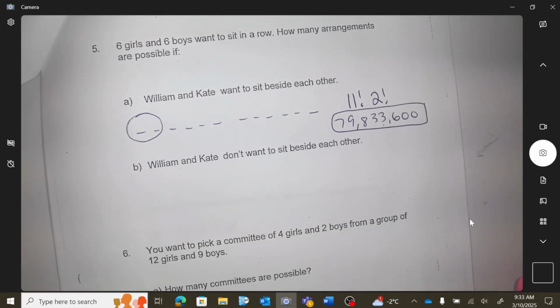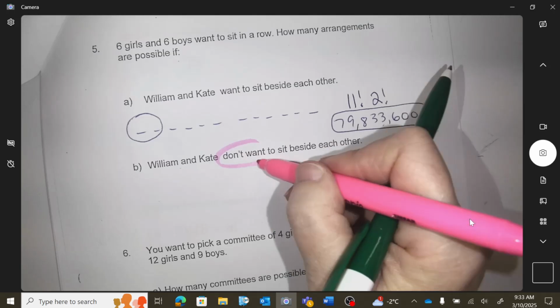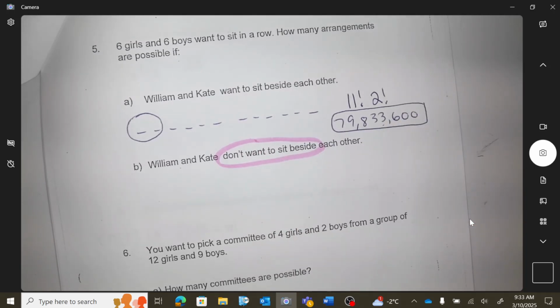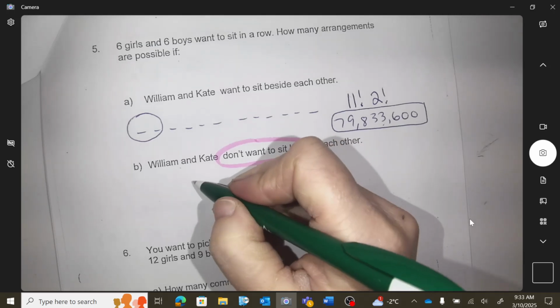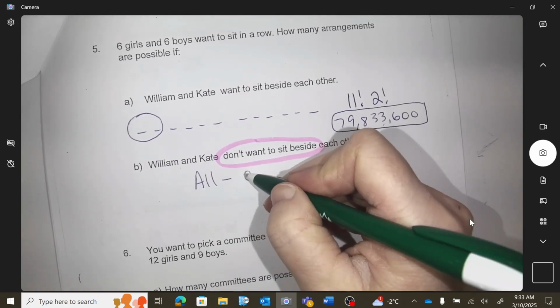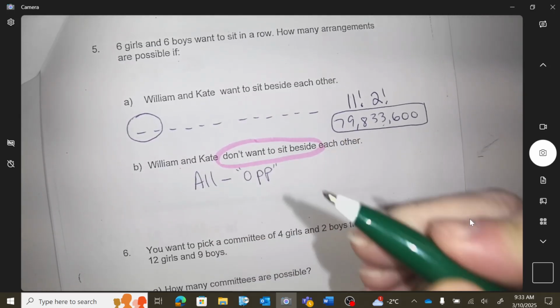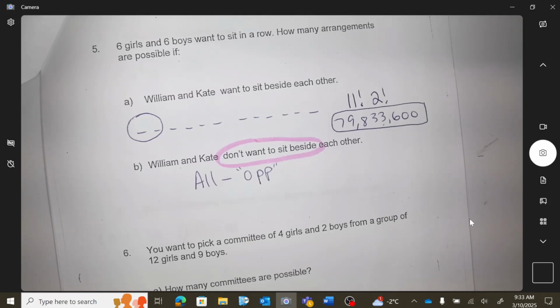Okay, how do we do this question if they don't want to sit beside each other? What's the good strategy to do? Take the total without all the rules and subtract. Yeah, the total minus the opposite event. So if I take all my arrangements and subtract if they sit beside each other, that should leave me with the arrangements of them not sitting beside each other.